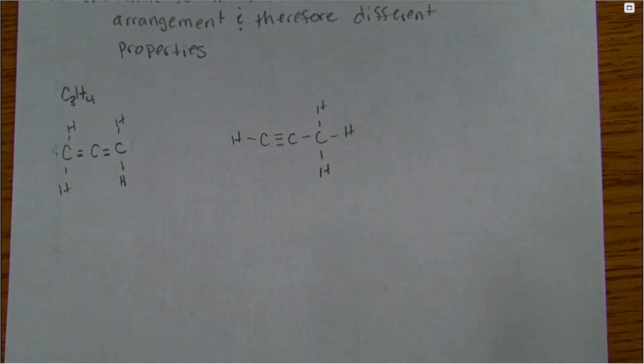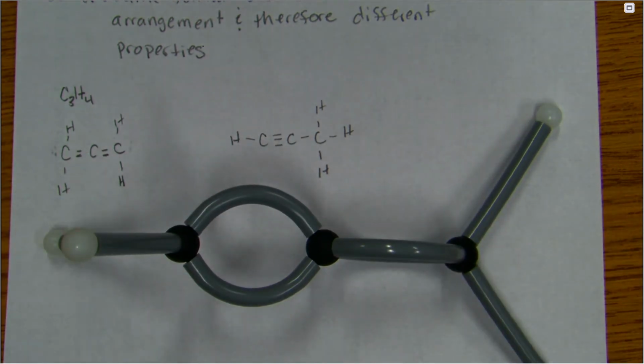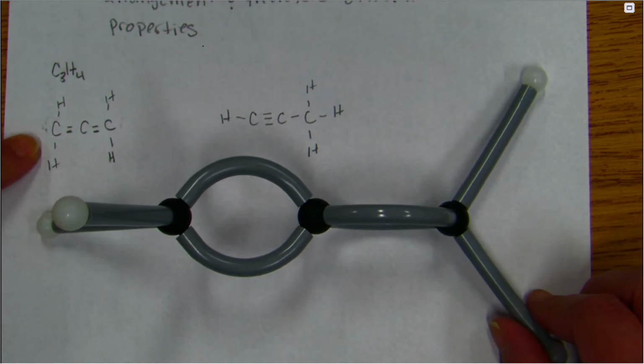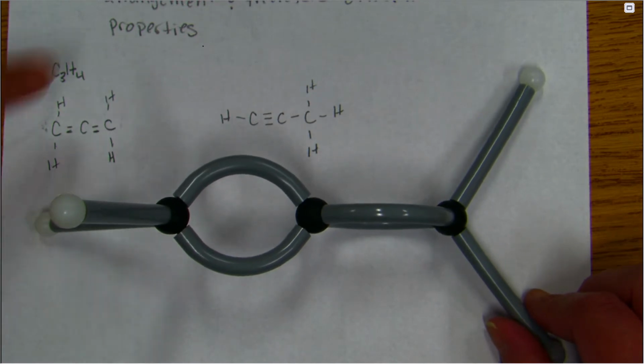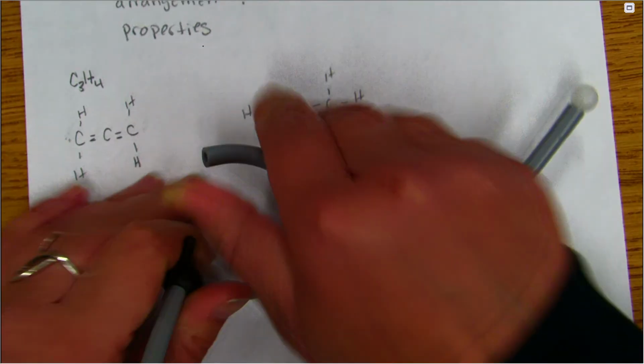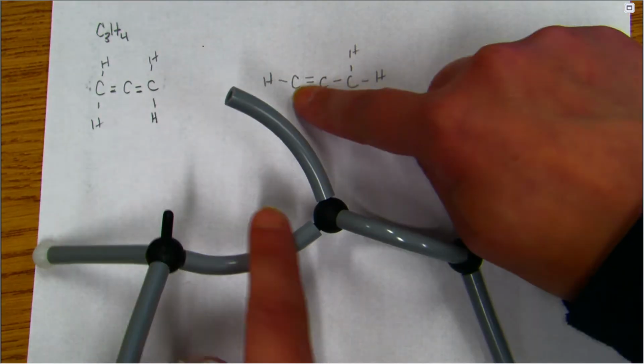To determine if it's an isomer, a bond has to be broken somewhere and remade. So if I wanted to take my first structure of C3H4 and make my new structure, I would have to break bonds. I'm going to have to break this double bond and make it a single bond.